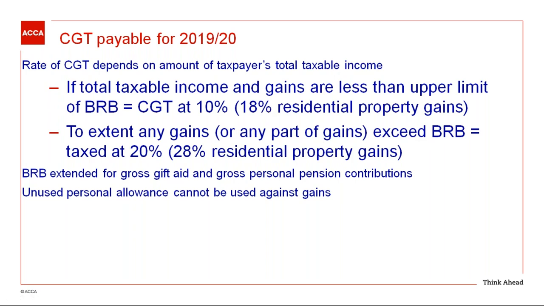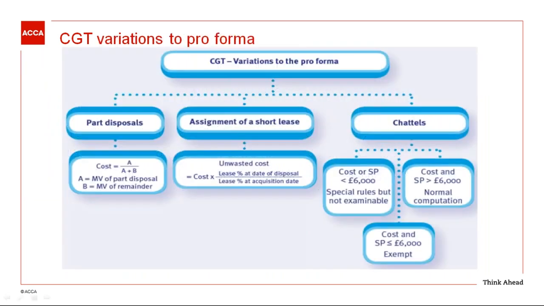If you are not a basic rate taxpayer, if your gains exceed the basic rate band, which is 37,500, in that case, it should be taxed at the rate of 20%. But if it is residential property gains, then at the rate of 28%. Okay. Now, these are commonly tested situations in the exam, especially this part disposal computation.